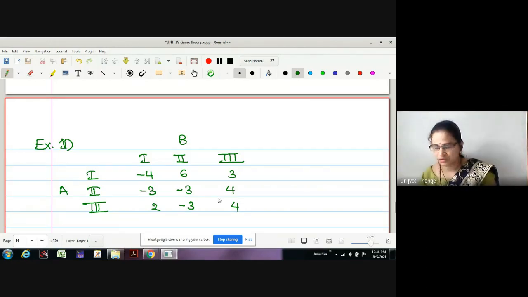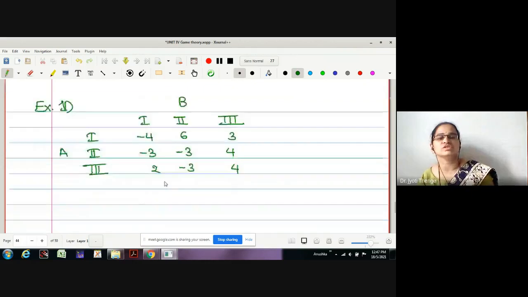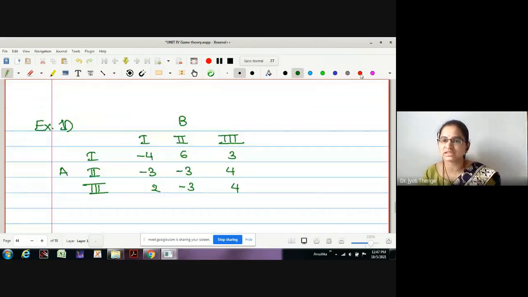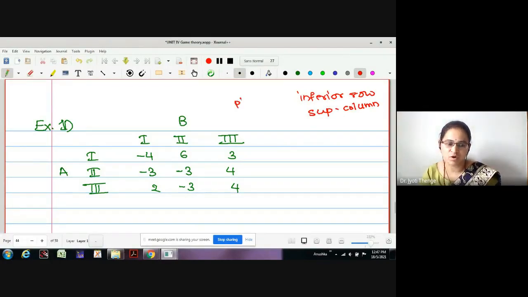Now here we will look at rows and columns. What is in our mind? We have to delete the inferior row and the superior column. This is for player A and this is for player B.